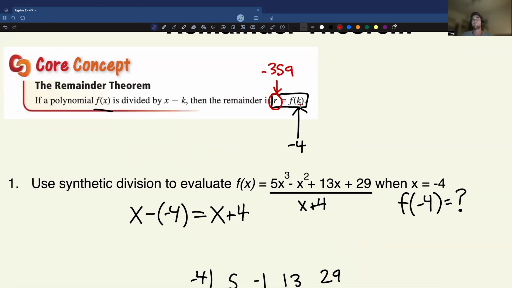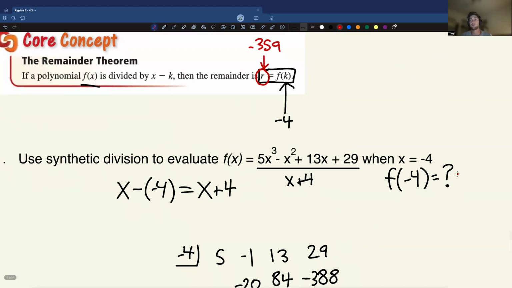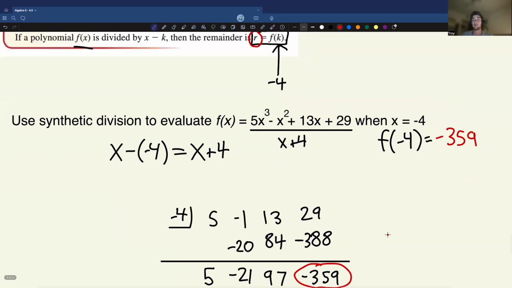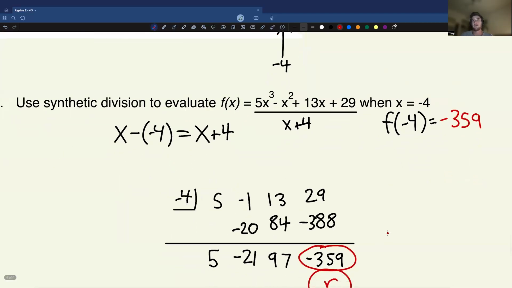So therefore, f of k, or in our case, f of -4, is also equal to -359. So that's one way to evaluate a function at a specific x value. If it's a polynomial, you can divide it by x minus k, aka just throw that value into synthetic division. Sometimes that's easier than actually evaluating the function itself once you get the hang of it.